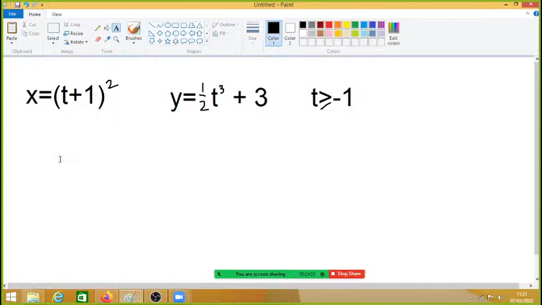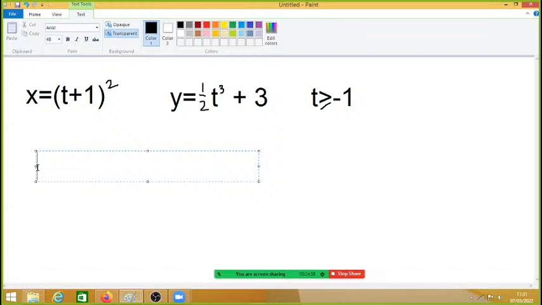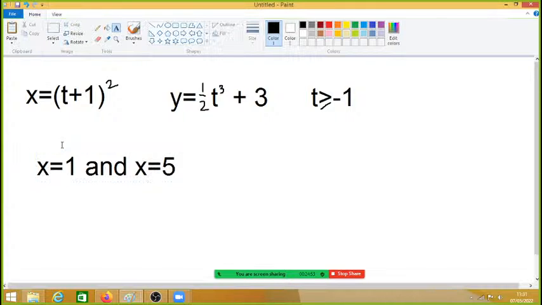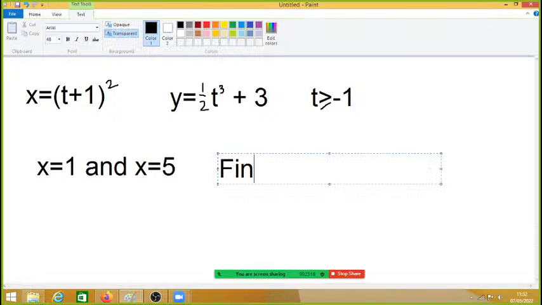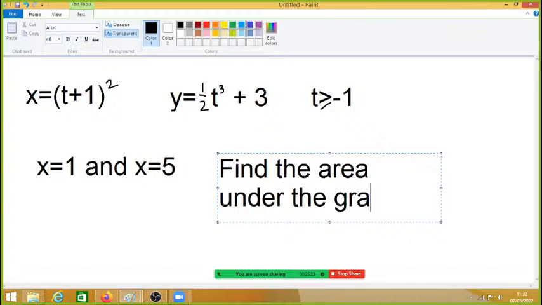And the limits on t are 1 and 5. Okay, so find the area under the graph. Okay, have a go.